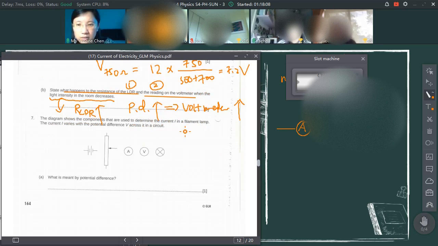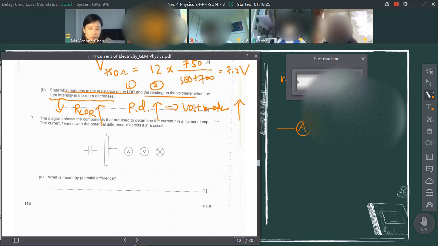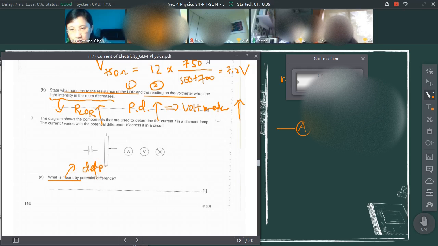Now we look at question 7. What is meant by potential difference? For physics, if we see questions on what is meant by, we always ask for the definition.